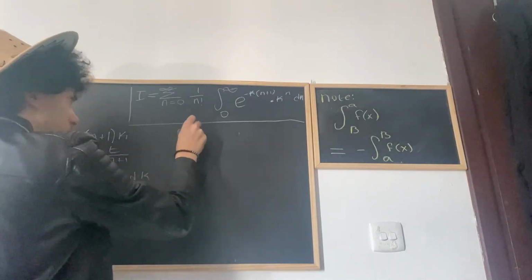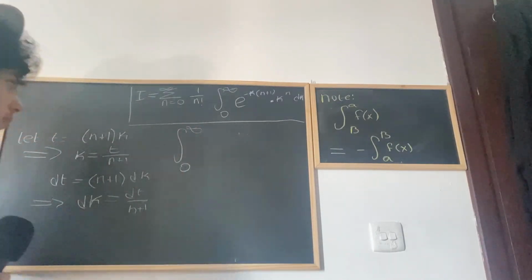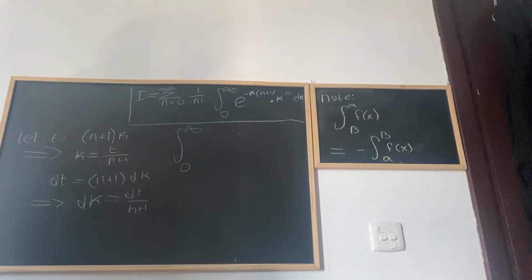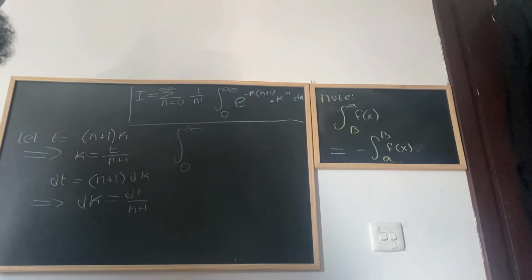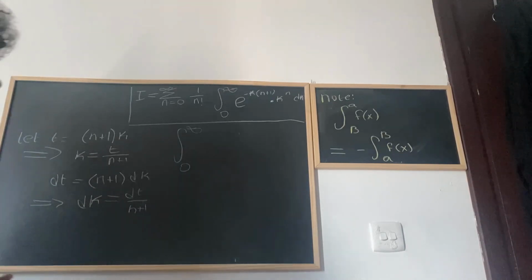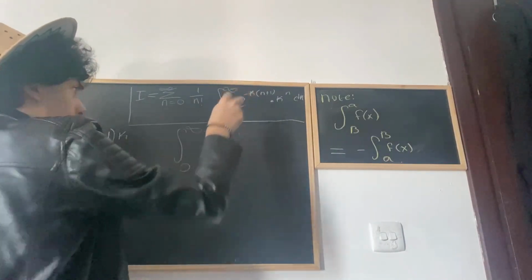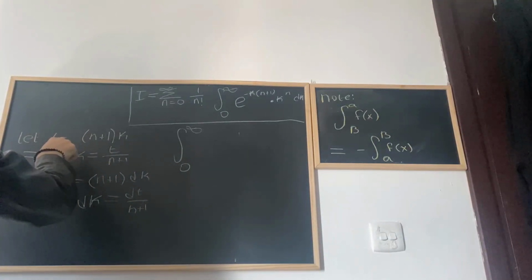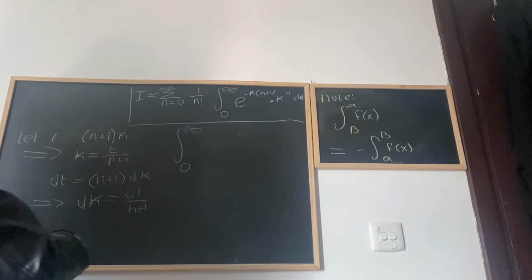So the integral from 0 to infinity, sorry, that infinity looks more like an 8, I'm sorry about that, but our integral from 0 to infinity of, let's put that k first. So that k turns into t over n plus 1.